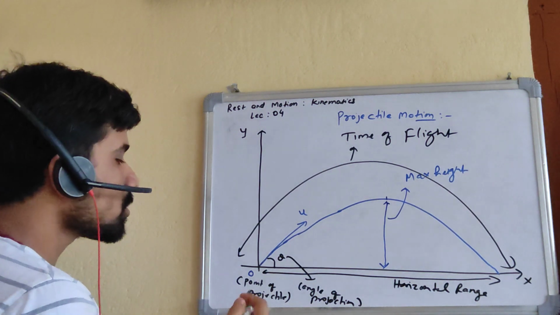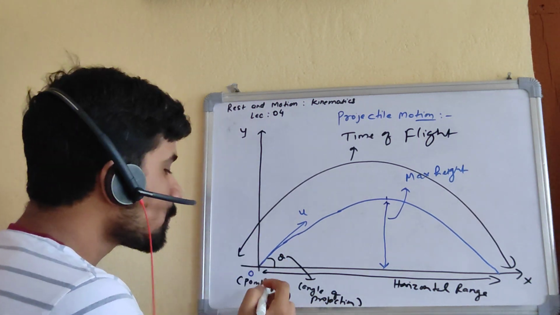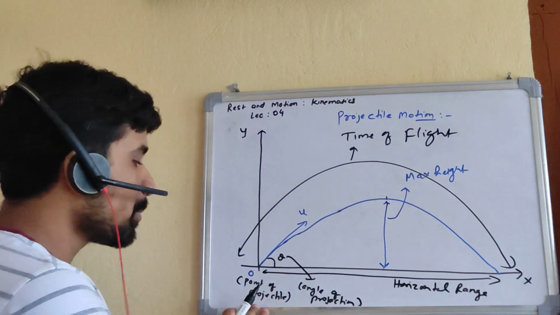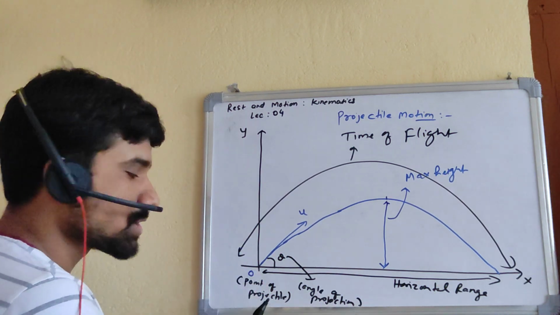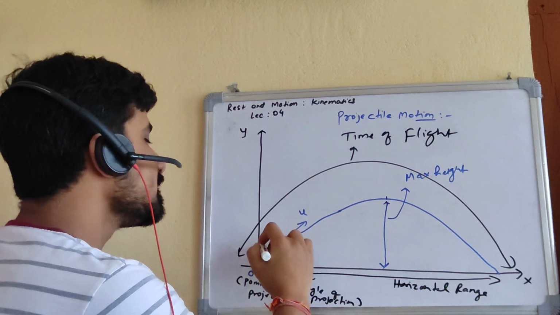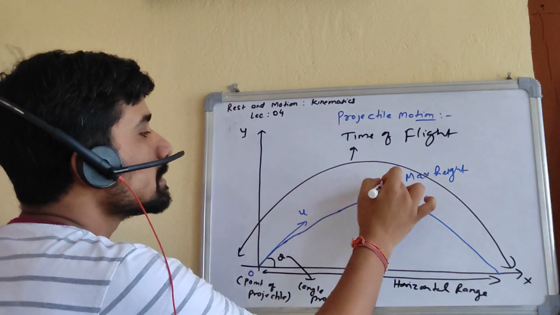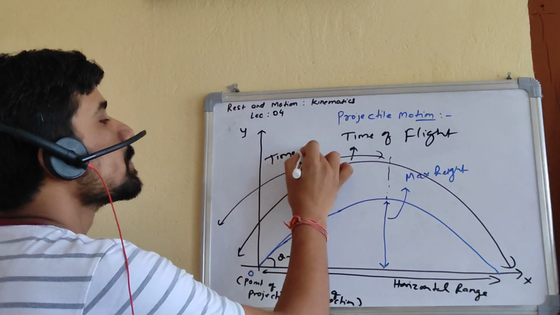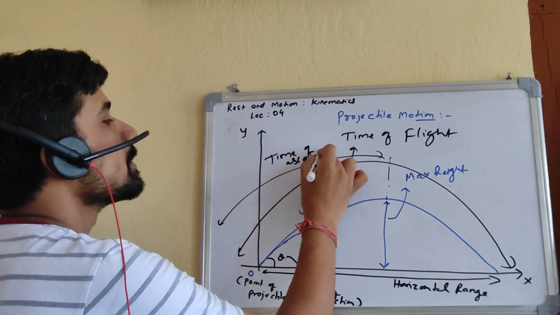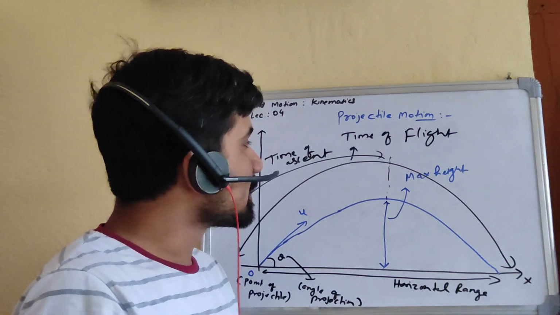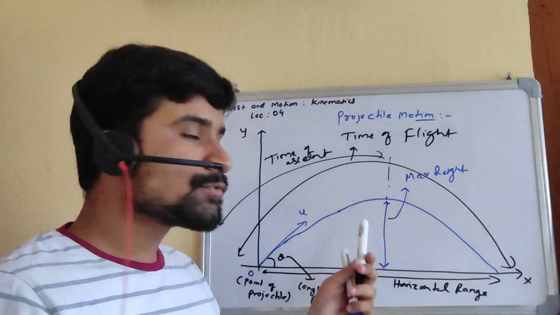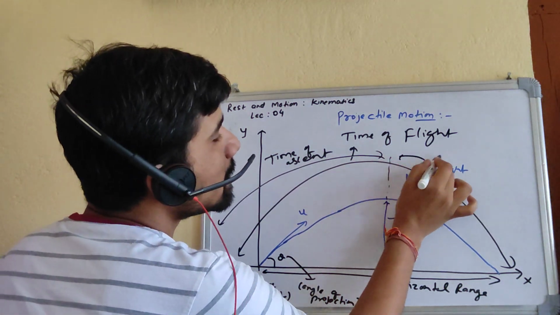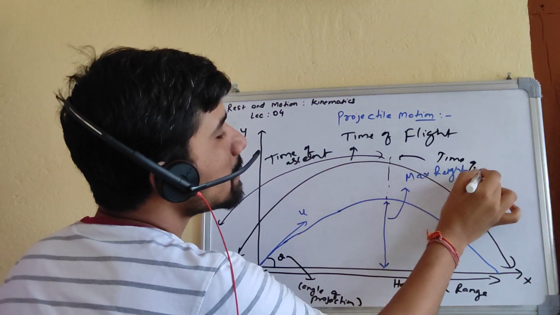The time taken by the projectile from the initial point of projection to reach its maximum height is called the time of ascent. And the time taken by the projectile to reach from maximum height back to the surface of Earth is called the time of descent.